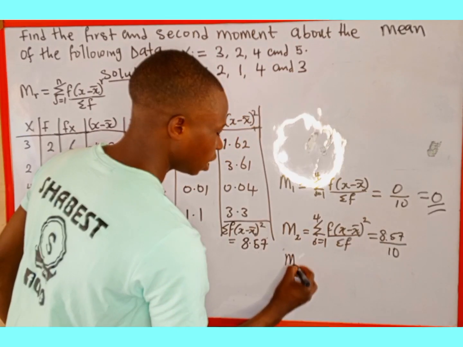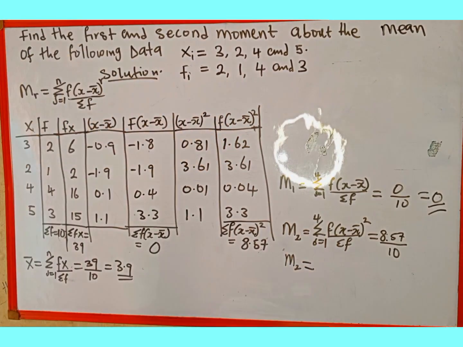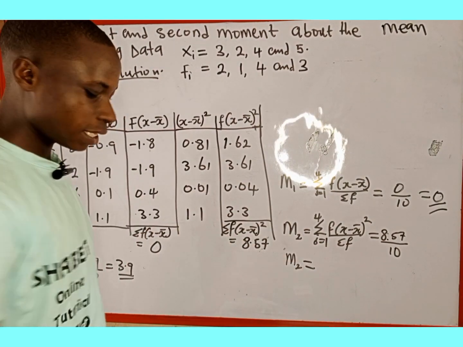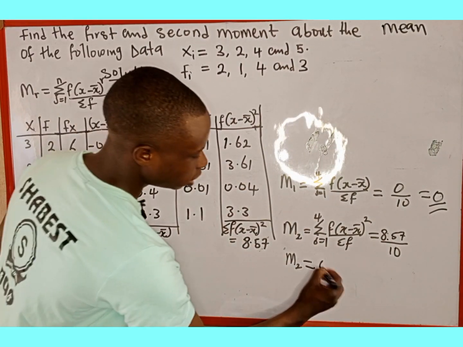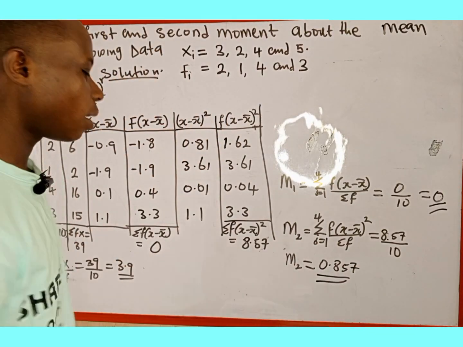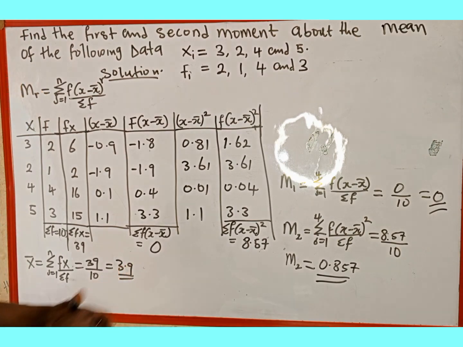So if you divide 8.57 by 10, it's going to give us 0.857. So this is the second moment about the mean of this ungrouped set of data.